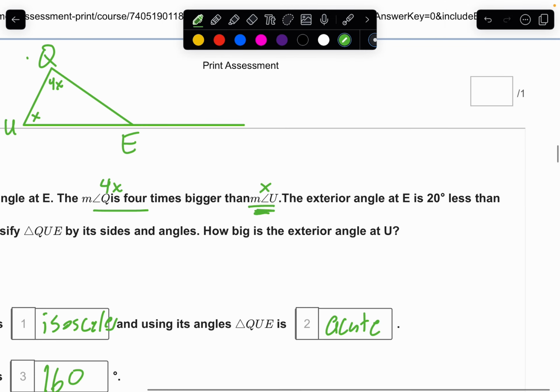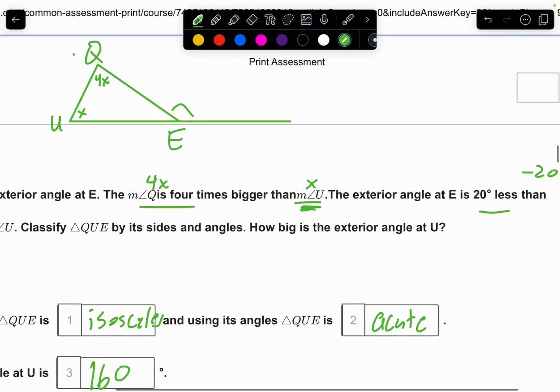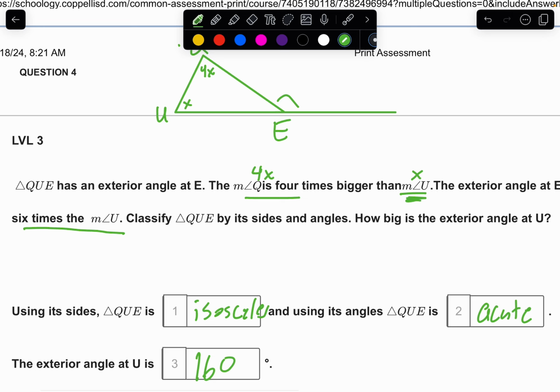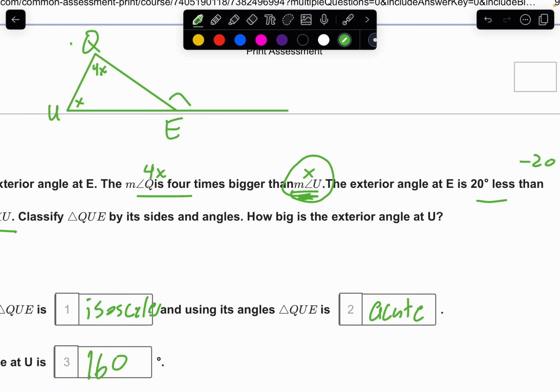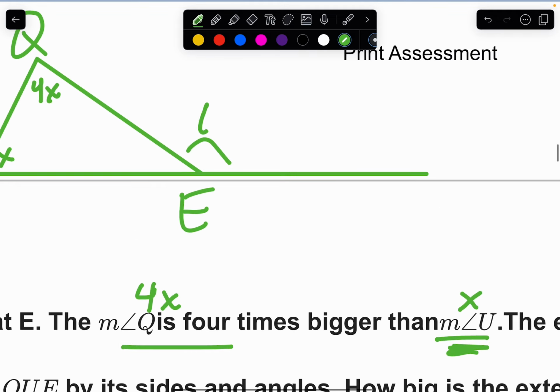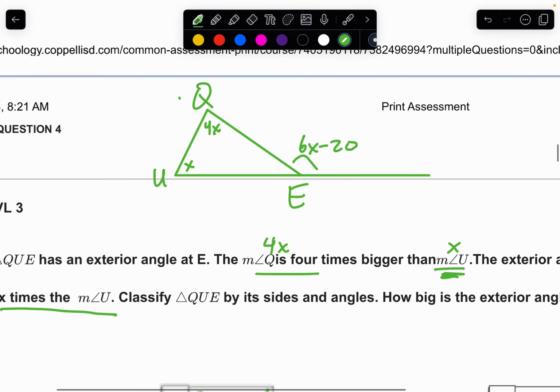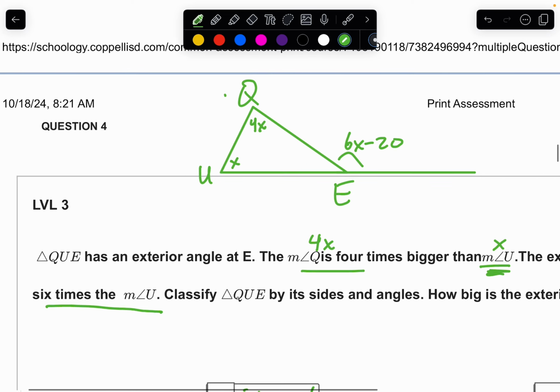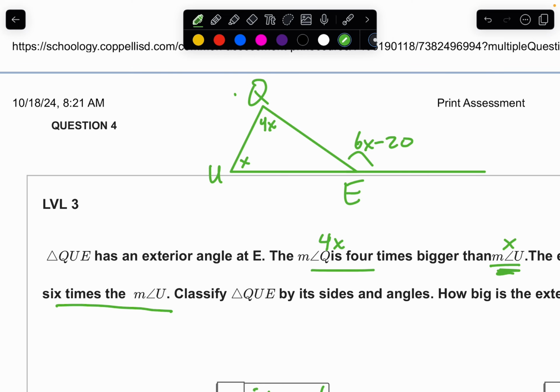The exterior angle at E, so this angle, is 20 less than 6 times U. Well, what did we call U? We called U x. So it'd be 6 times x minus 20. So this would be 6x minus 20. So what we have here is our remote plus remote situation.